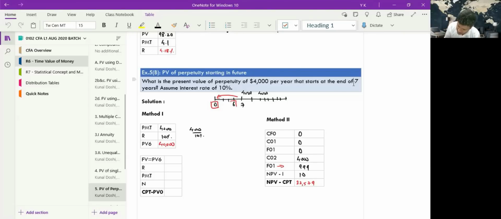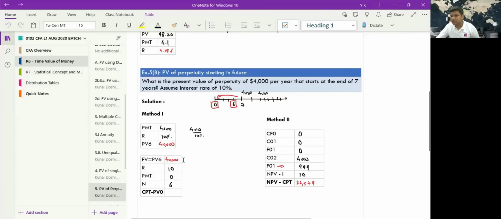Correct? So from that point, if I want to now come back, that 40,000 will now become my future value. My rate of return again is the same thing, that is 10%. My PMT would be now 0 because in between I have nothing. And my number of years would be 6. And then if you would solve, you would still get the same answer.